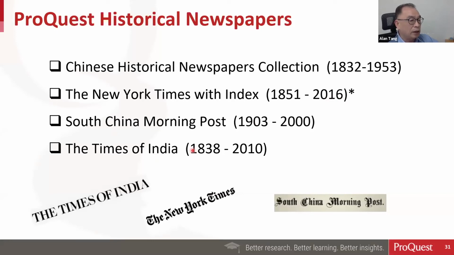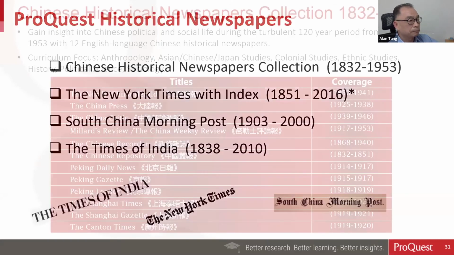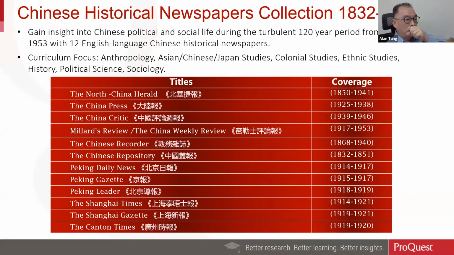The Times of India, 1838 to 2010. And under the China historical newspaper collection, there are 12 English language Chinese historical newspapers from 1832 to 1953, and they were all published in Shanghai and Beijing.